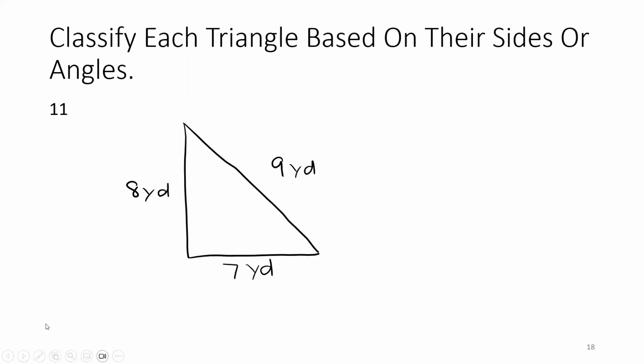Okay, so we have this triangle with 8 yards, 7 yards, and 9 yards. What kind of triangle would you consider this? I'm going to say scalene because all the sides are different. Now, it looks like a right triangle, but you need to have that box symbol. If it doesn't have that box symbol, we can't call this 90 degrees.